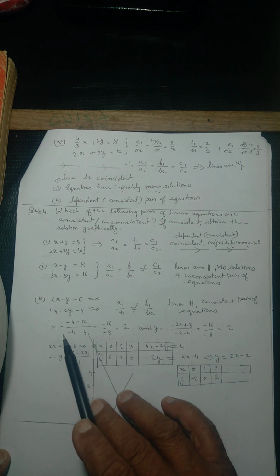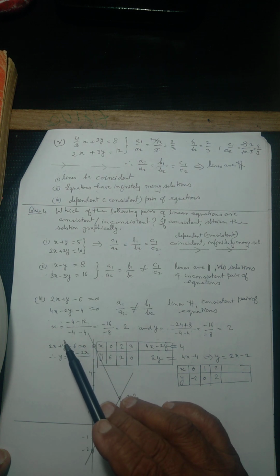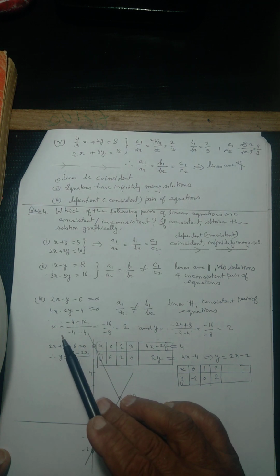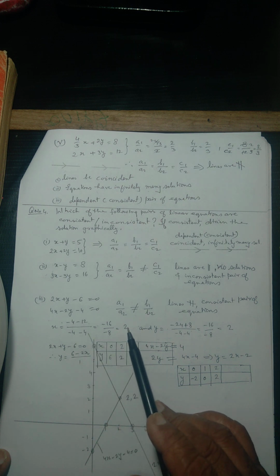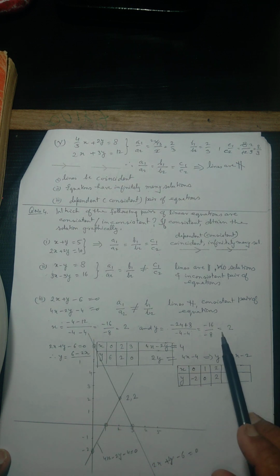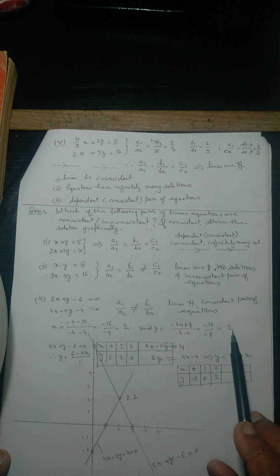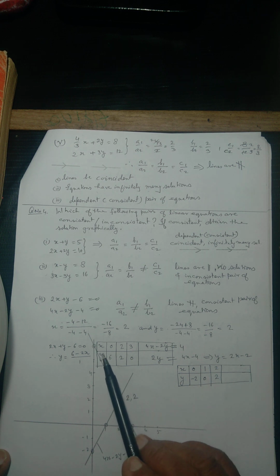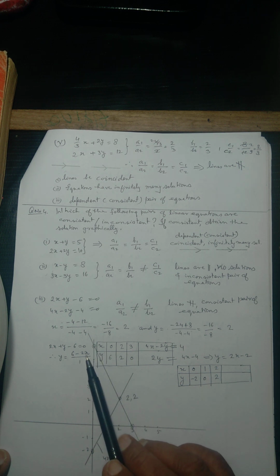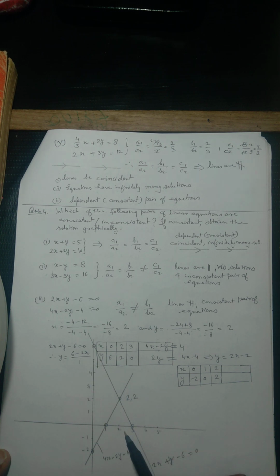So here if we find out by solving the equations, x will be equal to 2, y will be equal to 2. So now we have to draw the graph also in order to make the graphical representation of the equations.